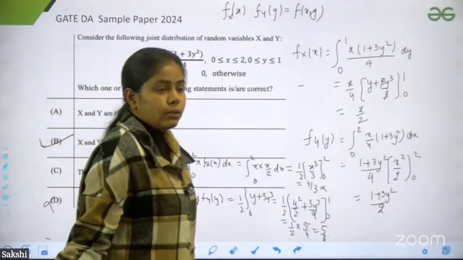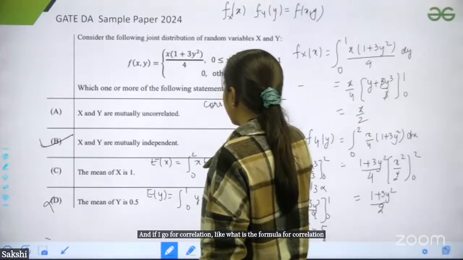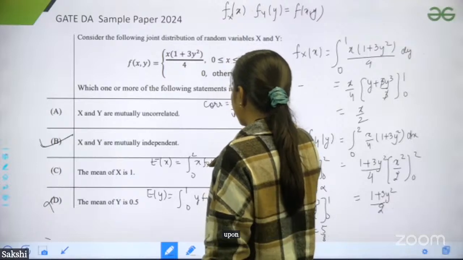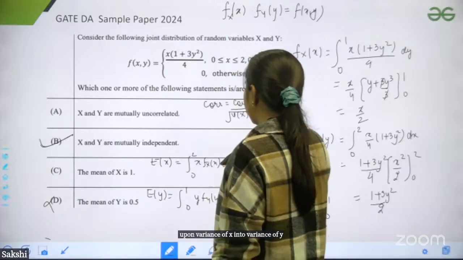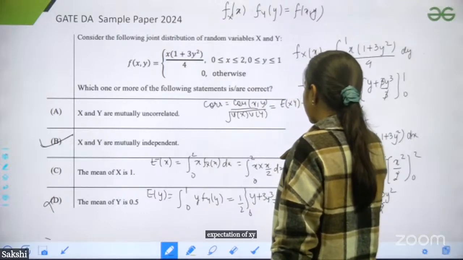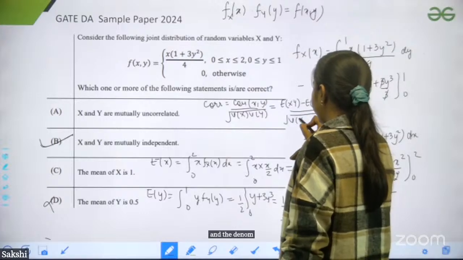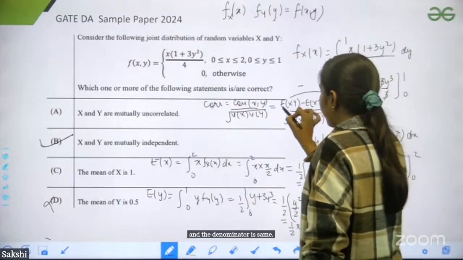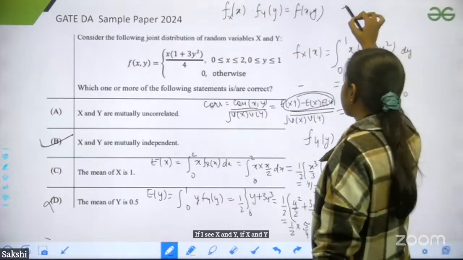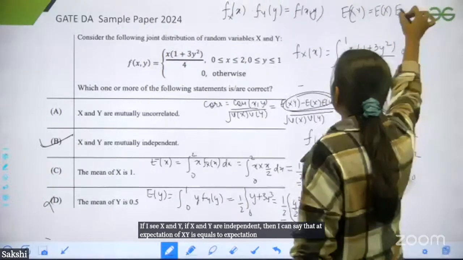And if I go for correlation, what is the formula for correlation? The correlation formula is the covariance of x comma y upon the square root of variance of x into variance of y. And the covariance formula is expectation of xy minus expectation of x into expectation of y. The denominator remains the same. If x and y are independent, then expectation of xy is equal to expectation of x into expectation of y.